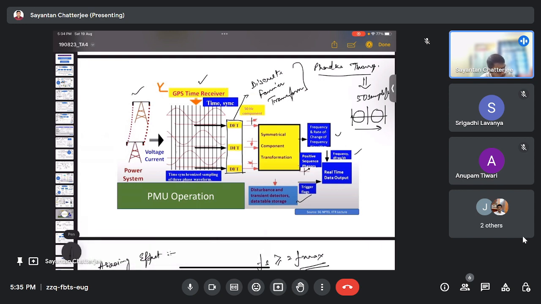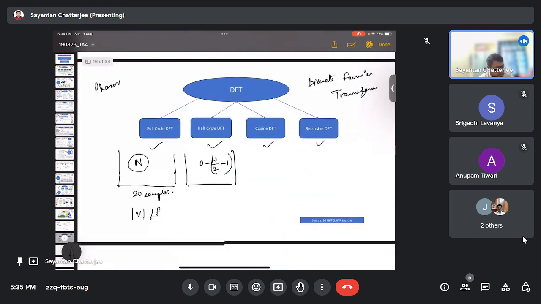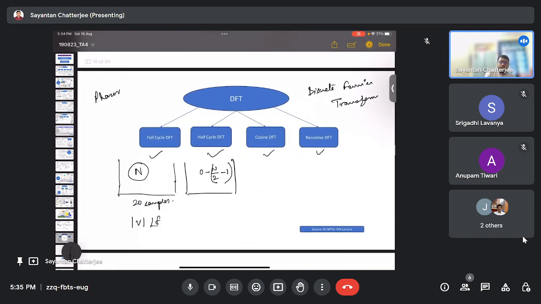We perform this DFT, and these are some of the methods of how DFT is performed and what is the best possible outcome.